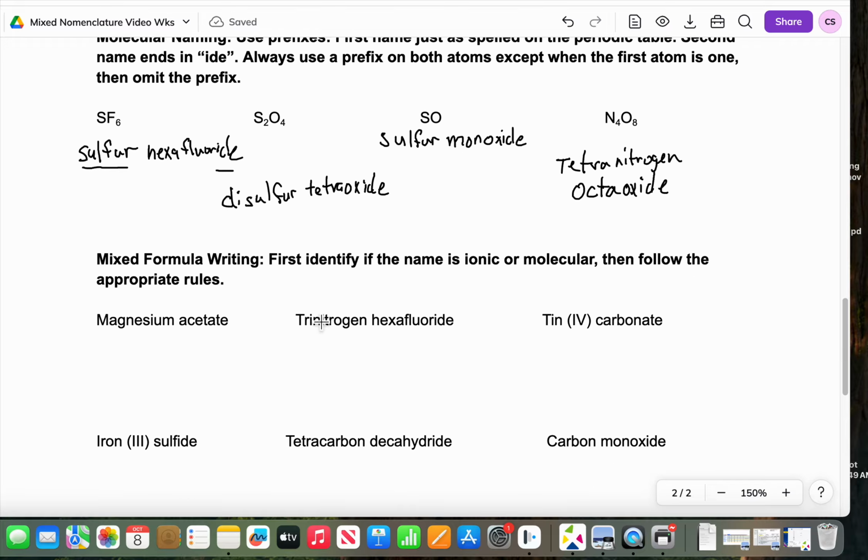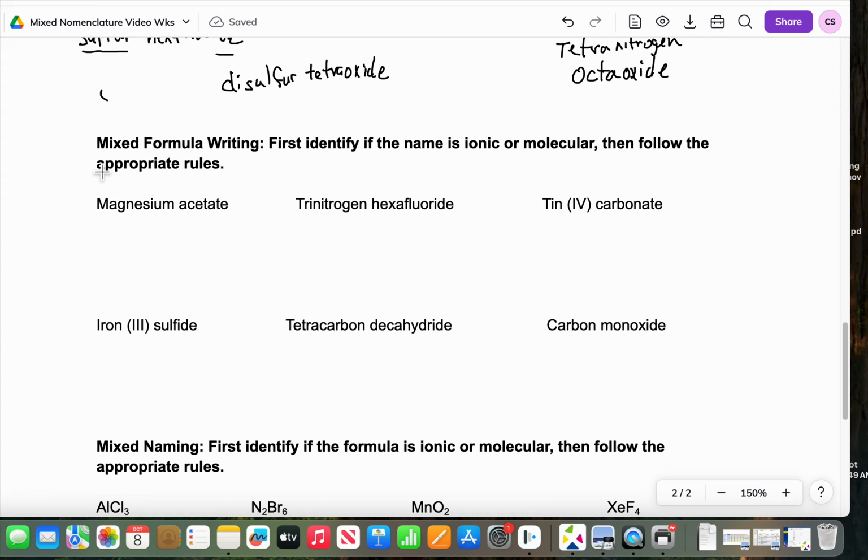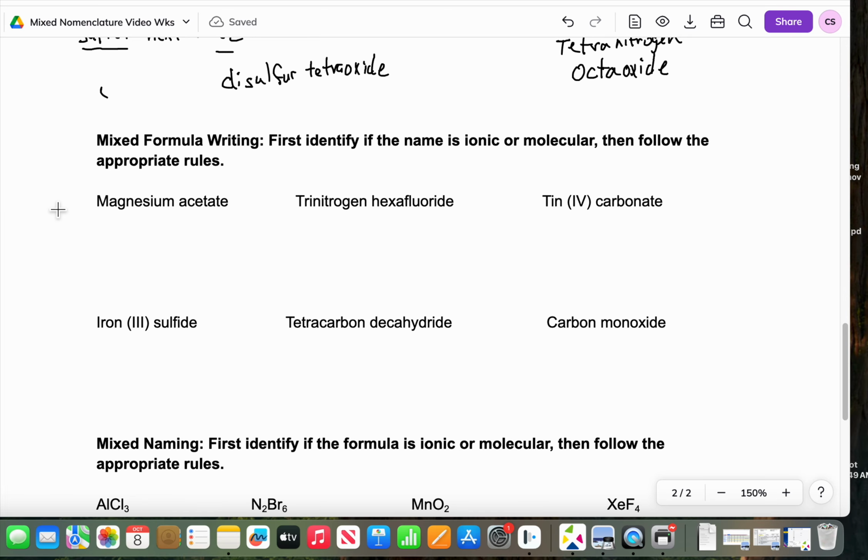Okay, mixed formula writing. Being mixed means that it could either have ionic or molecular in it. So the first thing you're going to do is figure out if it's ionic or molecular. You look at the first thing and it's magnesium. That means that it is ionic, so you have to use the crisscross method.